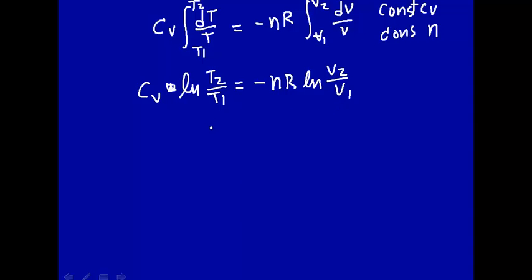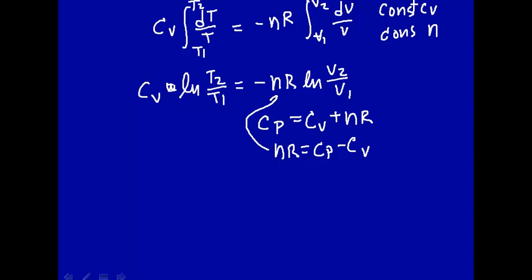All right, we already assumed we have an ideal gas, so remember from the last lecture the relationship between the heat capacities: Cp is equal to Cv plus NR, so that NR is equal to the heat capacity at constant pressure minus the heat capacity at constant volume.